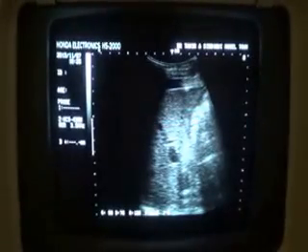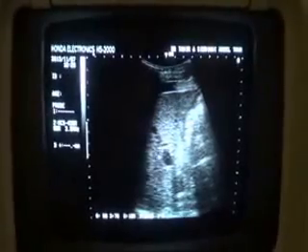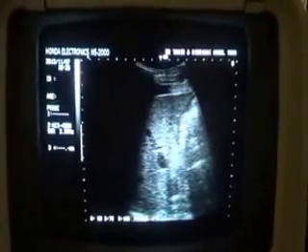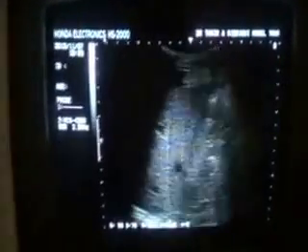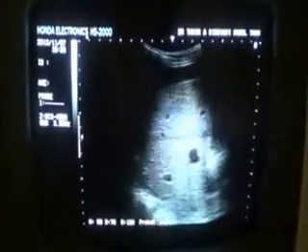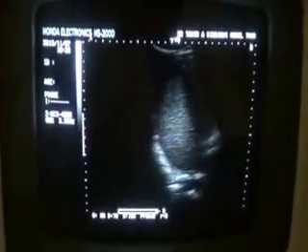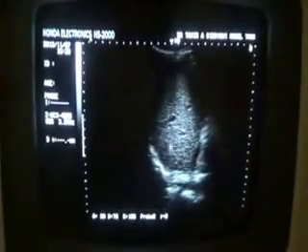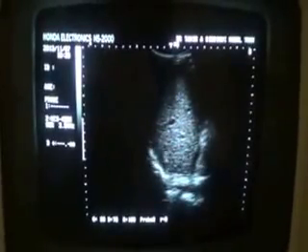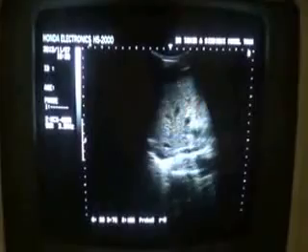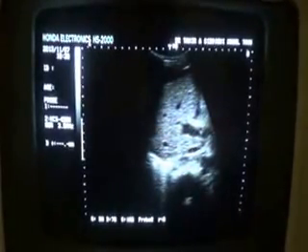See that the outer surface is smooth. The liver echogenicity is normal. The echotexture is homogeneous, and this is the fluid surrounding the liver. However, there is no significant amount of fluid seen. No fluid is seen in the right pleural space. This is the right hemidiaphragm. This is the liver. This is the portal vein. This is the IVC.